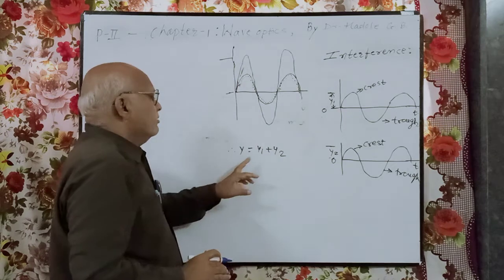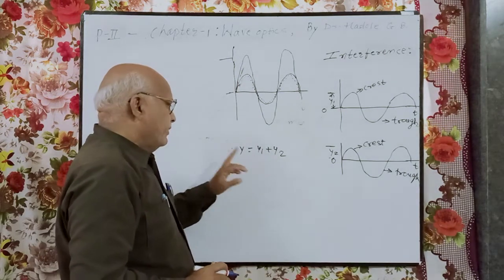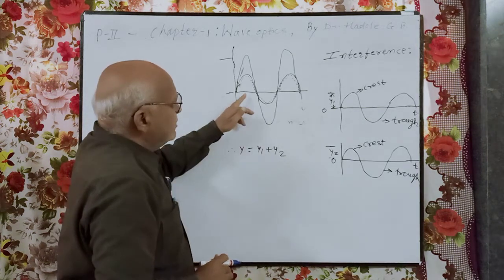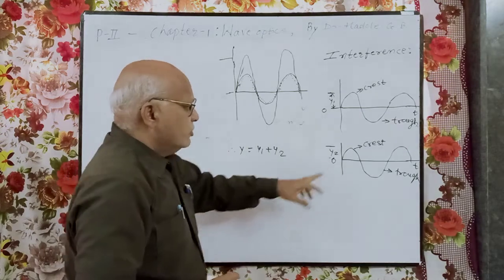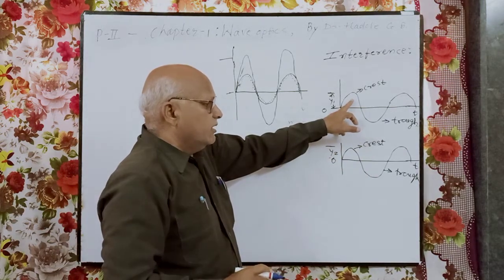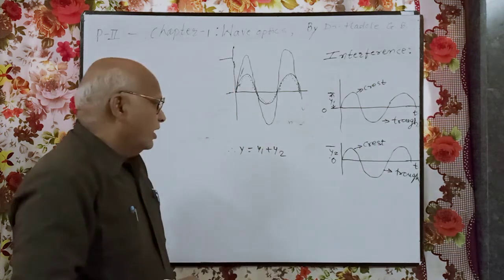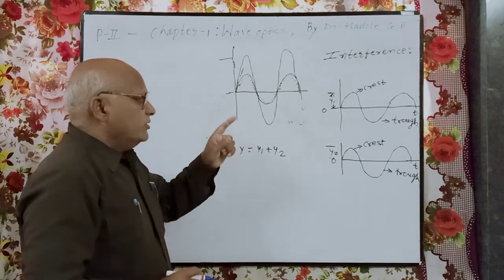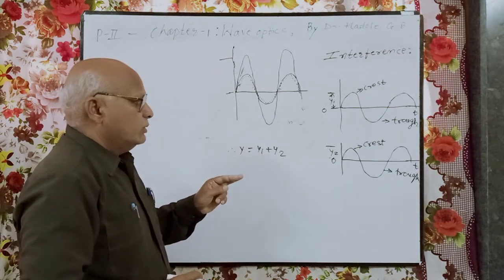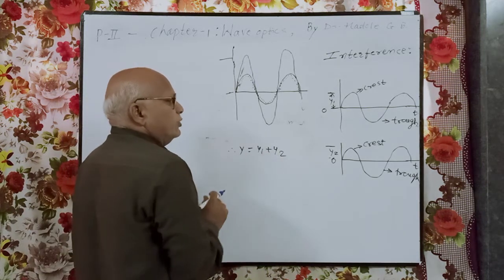Now, when the displacements of the two waves are added, we get the resultant displacement. How did we get this resultant displacement? When the crest of one wave coincides with the crest of another wave, and the trough of one wave coincides with the trough of another wave, therefore in this superposition of two waves, y equals y1 plus y2.